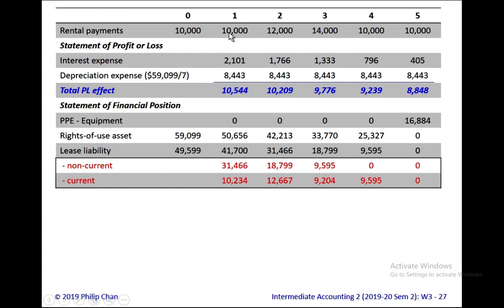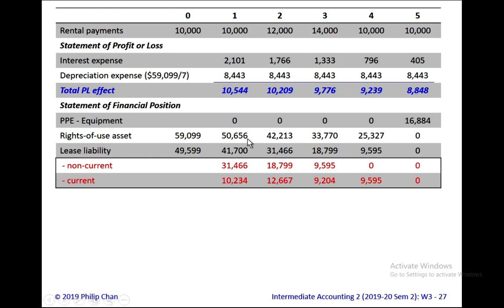You just debit rental expenses and credit the bank, or even if you haven't paid for it, you would have one year's payment as a liability. But now you have a very big liability. What does it mean? It means debt over equity is high, which implies the company is more risky. That is bad news.